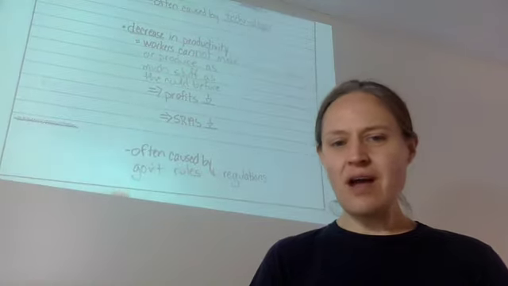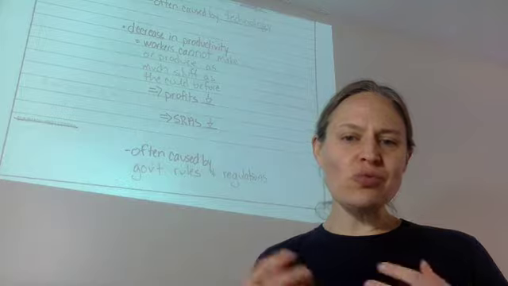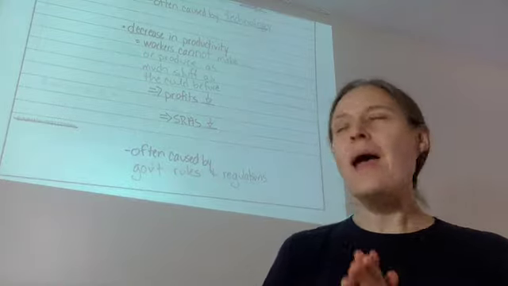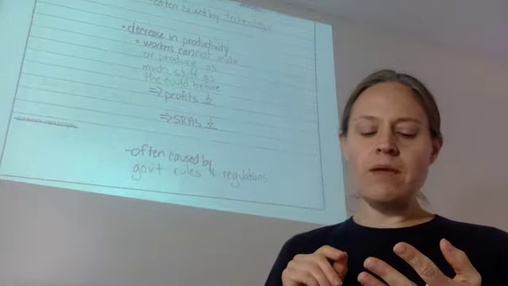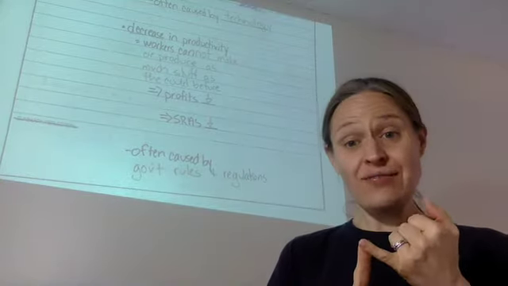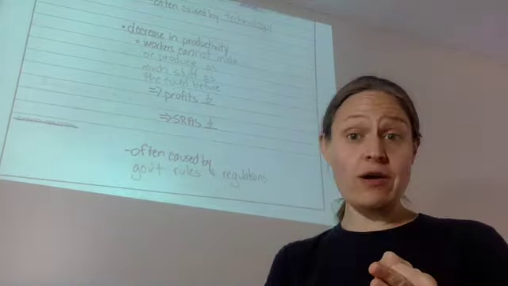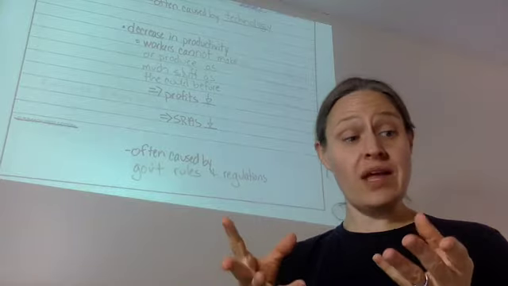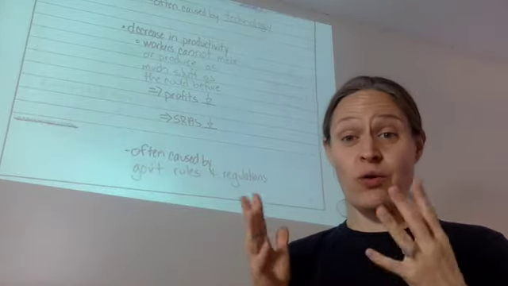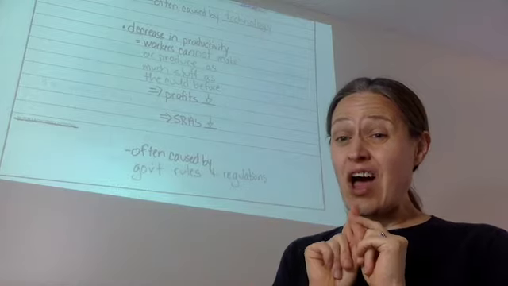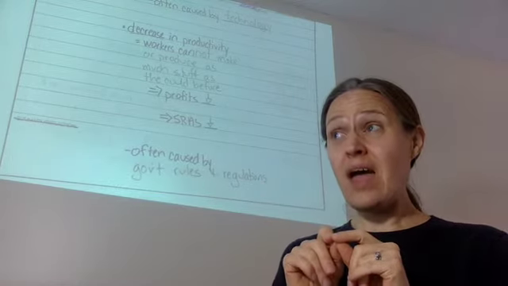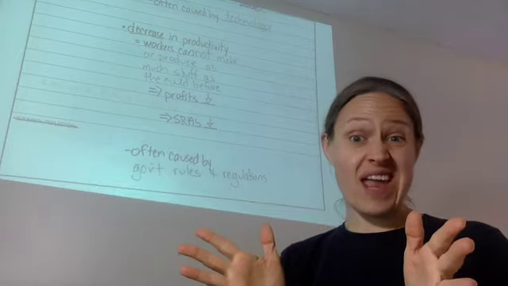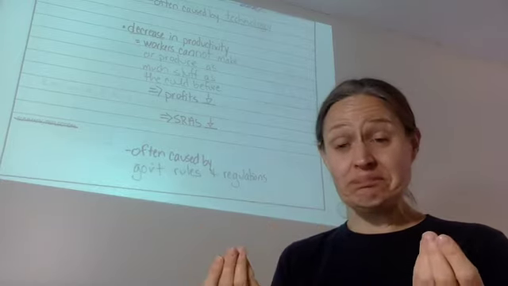And this is often caused by government rules and regulations, meaning that government rules and regulations are often made in the terms of safety, health, and fairness. Those are all important things, right? So the government might make a rule that says, hey, restaurants need to have all employees wash their hands after they touch money.